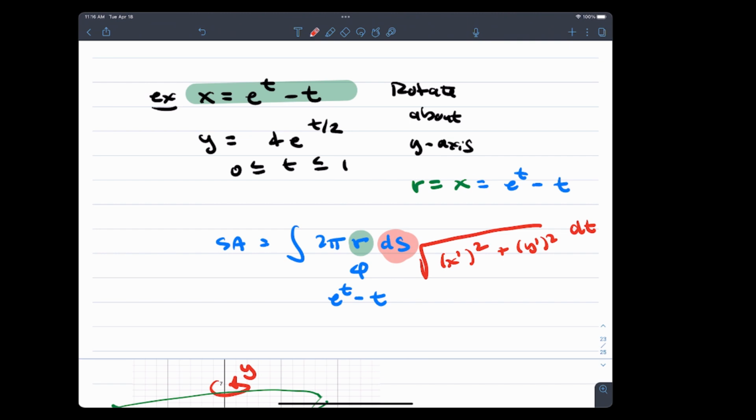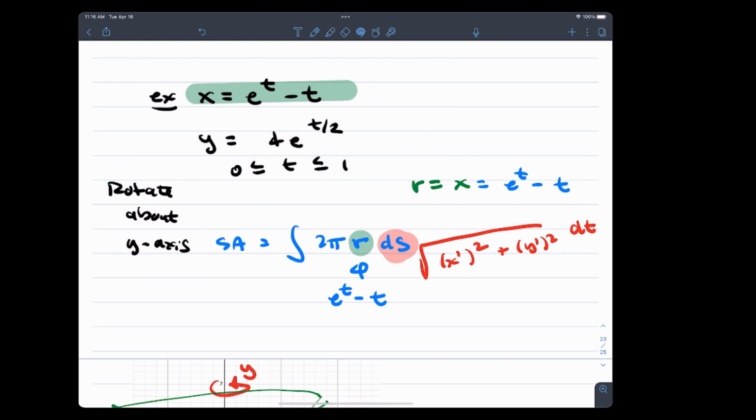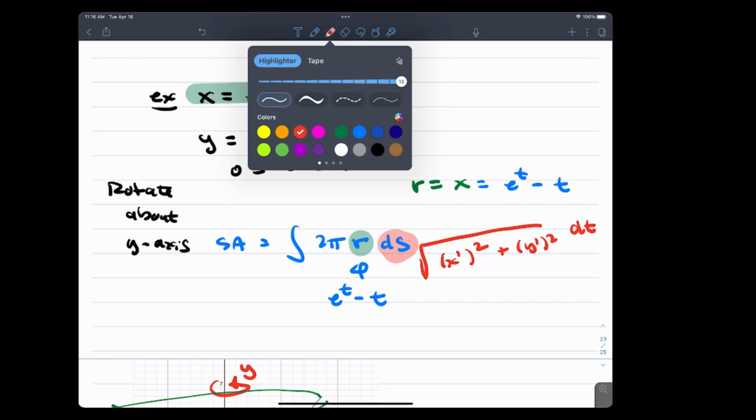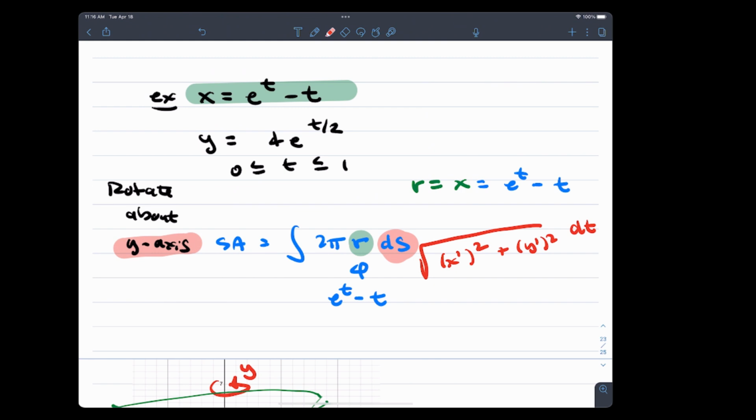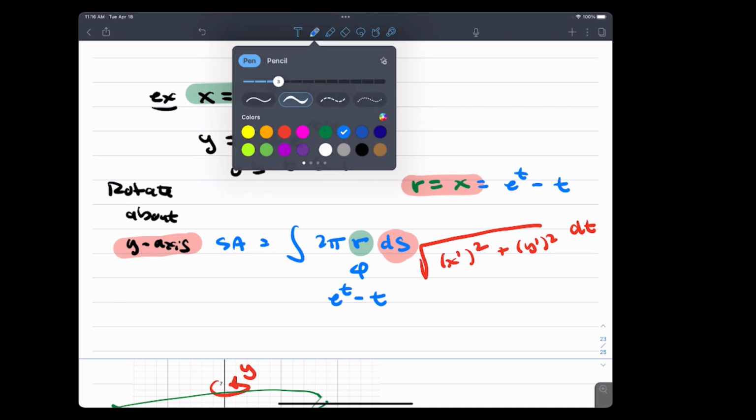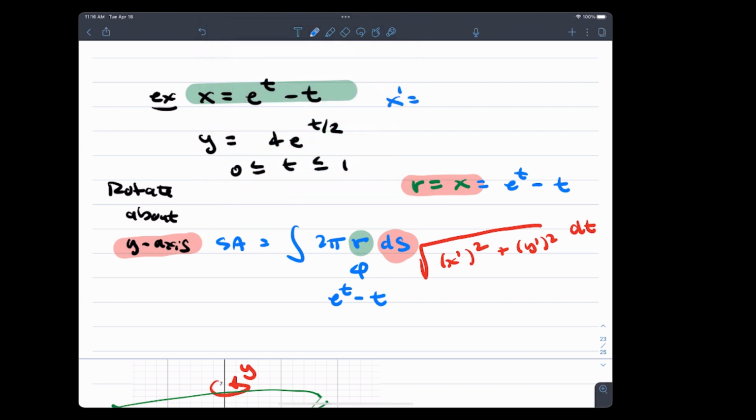Okay, and then you go, well, what in the world is that? What is my x prime? Rotate about the y-axis. What's your radius then? X. And x is parameterized. So now you get your x prime going to be, isn't that e to the t minus 1? Is that your derivative, x prime?